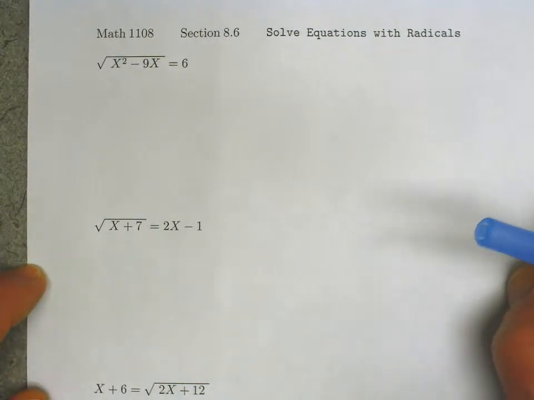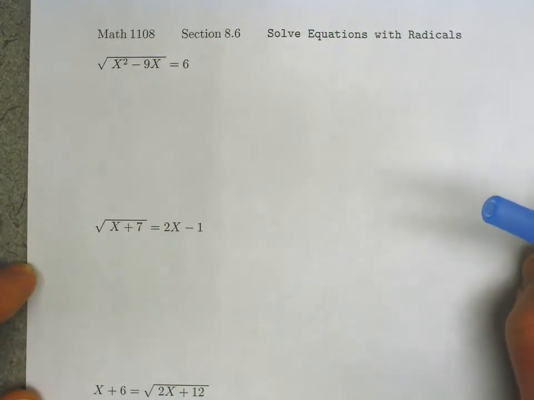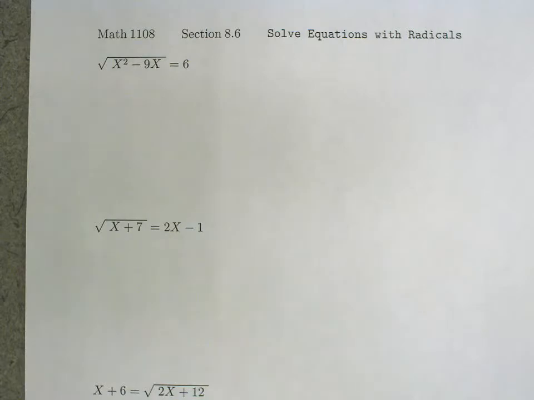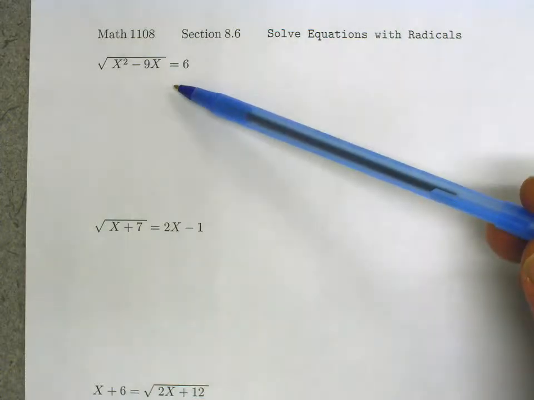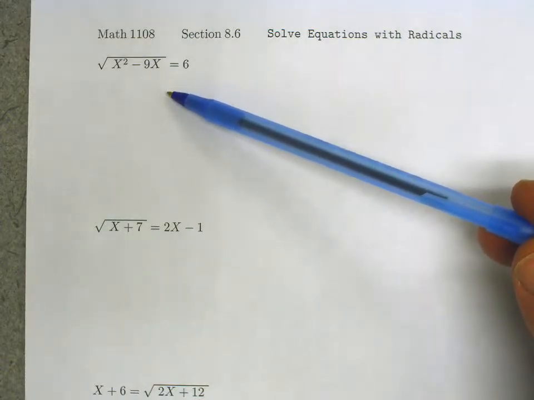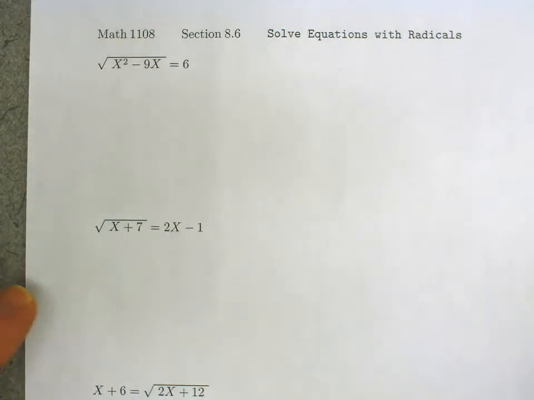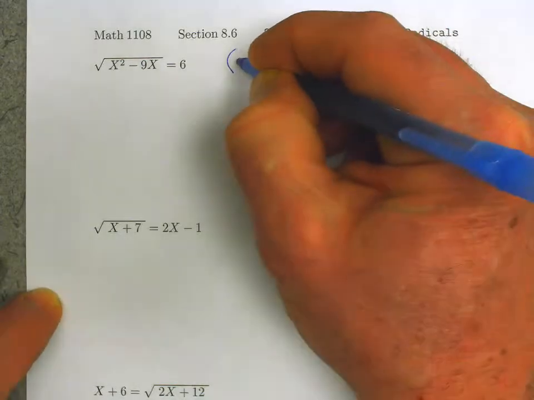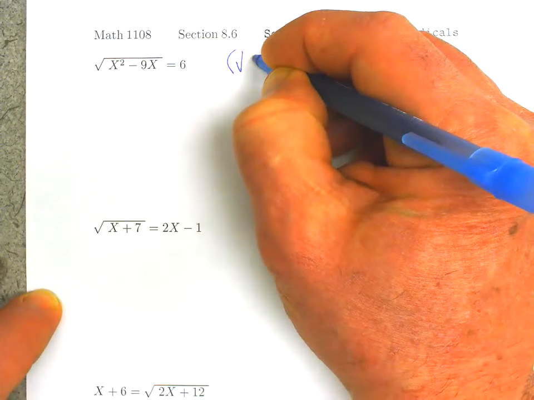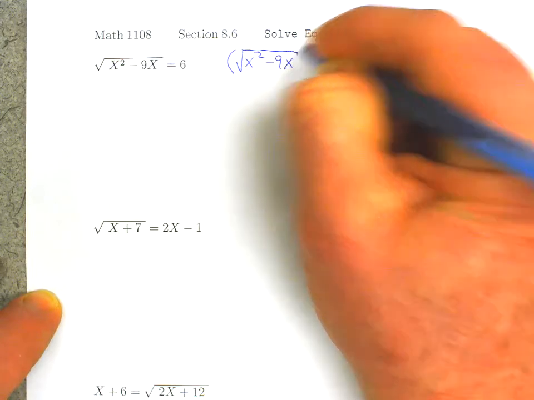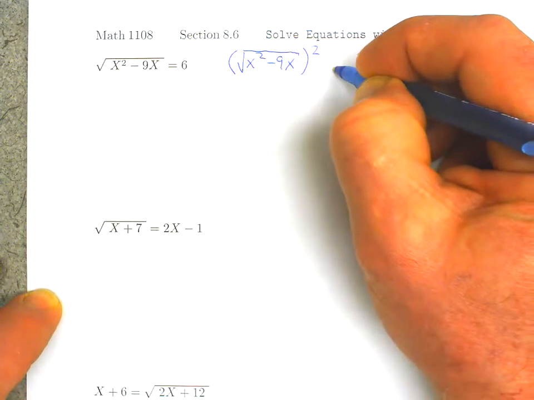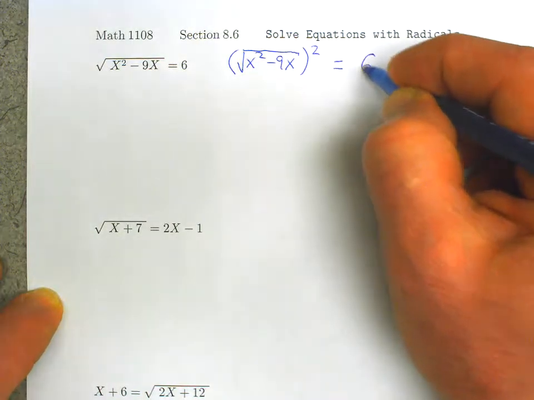Okay, so on this one, we want to solve the square root of x squared minus 9x equals 6. The square root is by itself on the left-hand side, so we can just square both sides. So we're going to square the square root of x squared minus 9x, and that's equal to 6 squared.